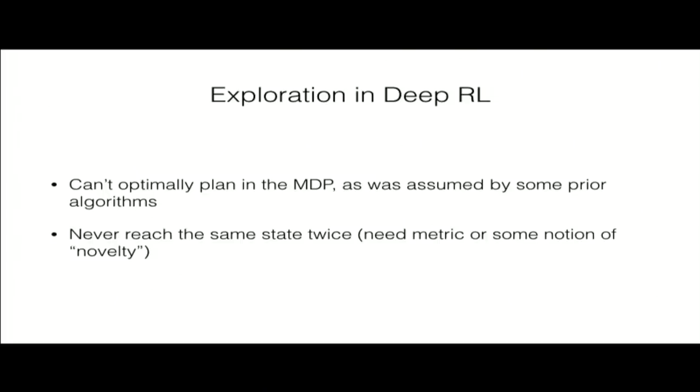And the other issue is that if you have an infinite state space or a very large finite state space, you never reach the same state twice. So you can't do anything that involves counting. You have to somehow generalize between states or define some notion of novelty, or the density of the states you've reached so far.